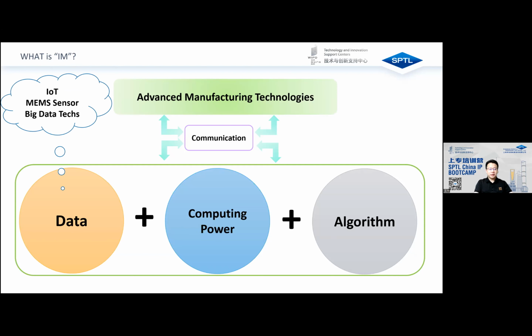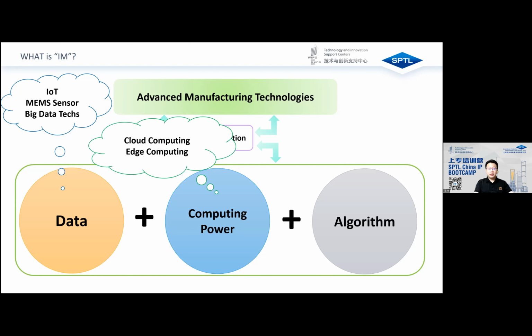For example, Internet of Things, microelectromechanical system sensor tech, and big data tech, etc. It also includes computing power technology. For example, cloud computing, edge computing. It further includes algorithms. For example, algorithms relating to artificial intelligence, relating to digital twin.